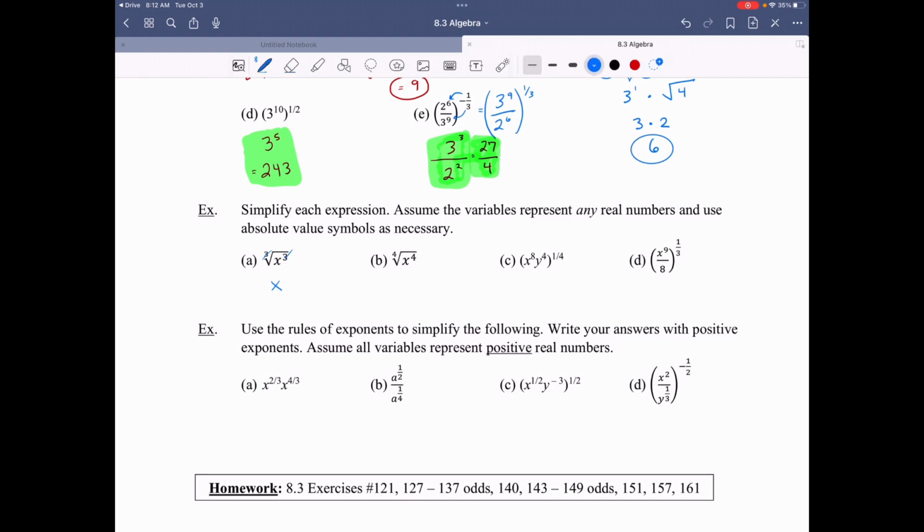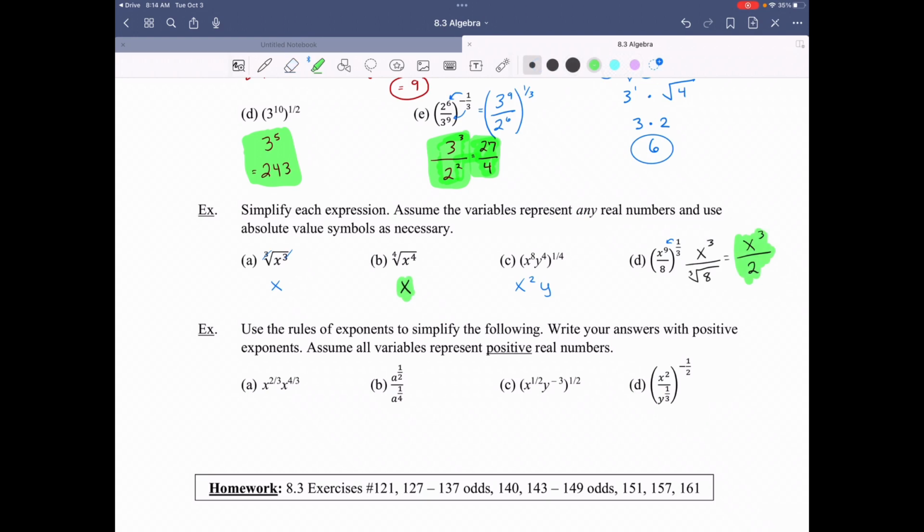If I multiply those, I get x squared, and 1/4 of 4 is just 1, so y. And that's it for that one. And we're not going to worry about the absolute values, okay? 1/3 being distributed, so to the 9 is going to give us x to the, actually I think I'm going to let you guys do that one. Figure that one out in your groups. And then we'll come back and go over B and D.